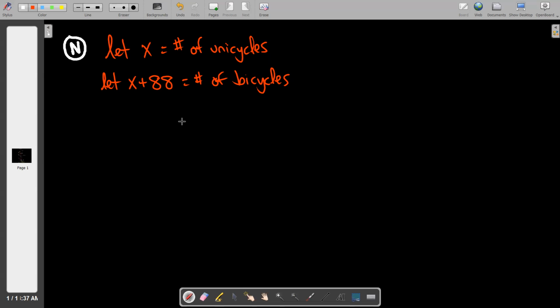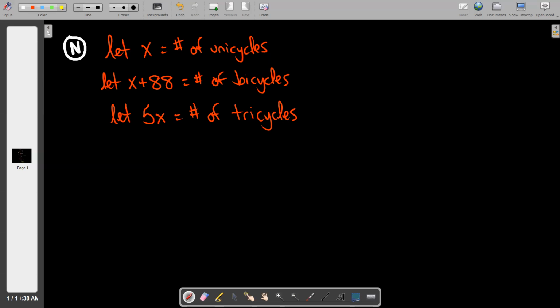So what is it? Yes, this is not one of those fancy ones, because the tricycle number is not being based off of the bicycles. The tricycle number is just 5 times the OG, the X. So 5X is the number of tricycles.